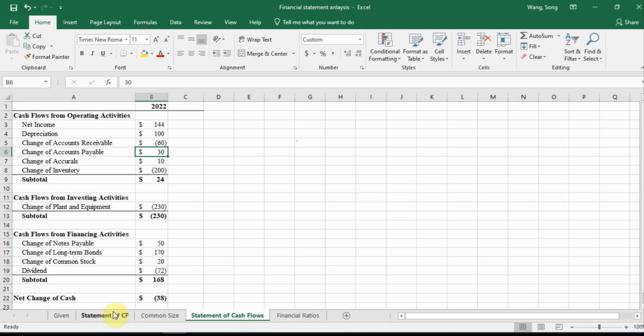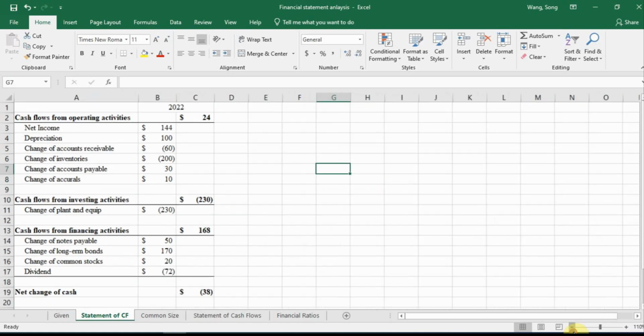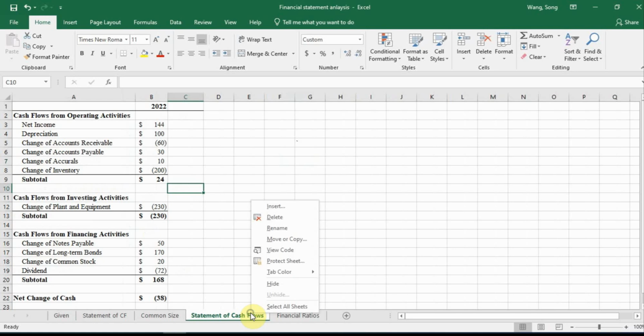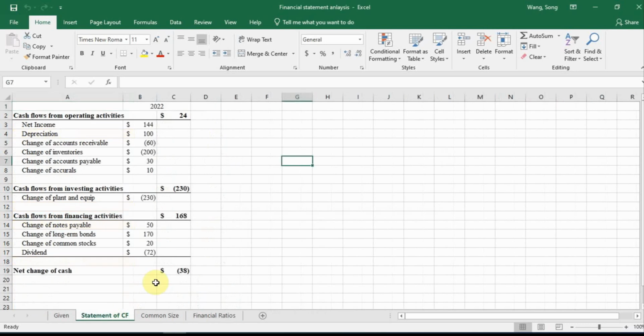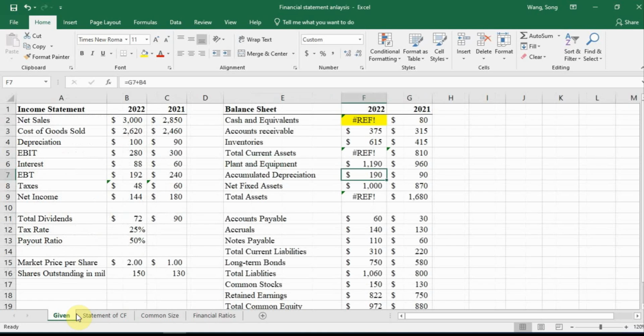For this part, you see there are no formulas to put, and since I have already taught you how to do it from scratch, you can just delete this spreadsheet and use the numbers we just created. For this cash, you can see after I delete that, the reference cell in the reference spreadsheet changed to a round reference.